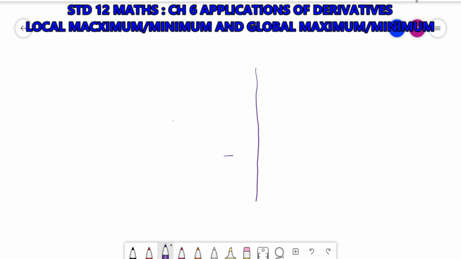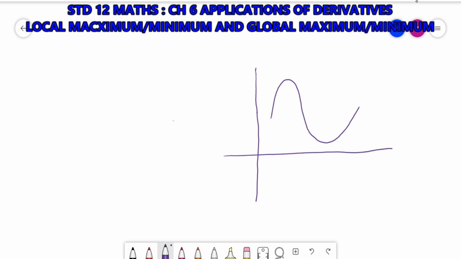Let me draw a curve. Now let's say this is a curve.